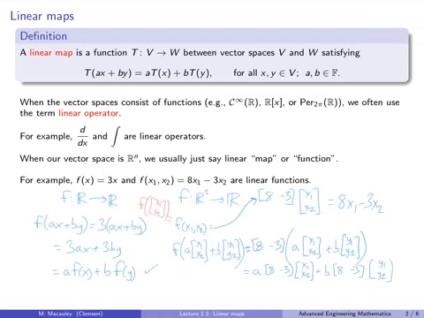And now look what we have here. This is a times f(x1, x2) plus b times f(y1, y2).